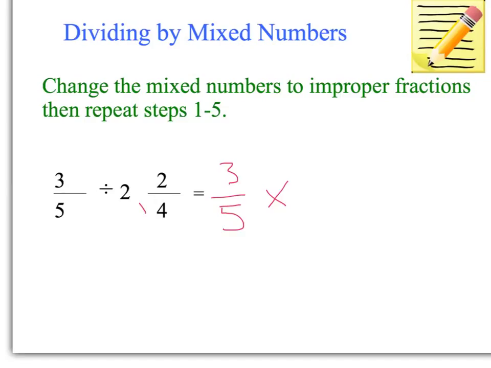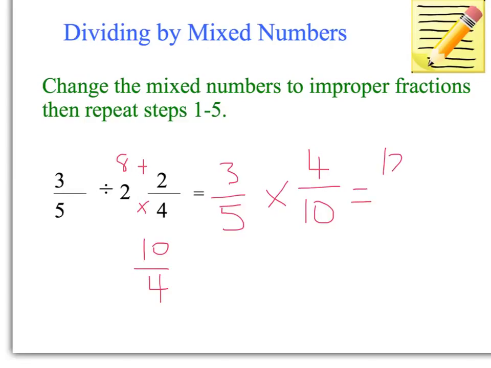So 4 times 2 is 8, plus 2 is 10. So it'll be 10 quarters. That's 10 over 4, so we need to flip that upside down to be 4/10.